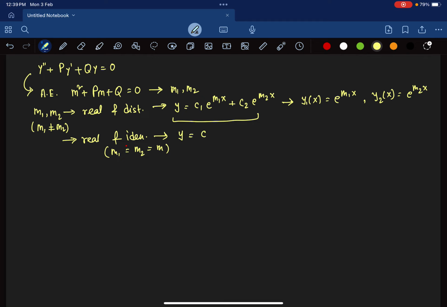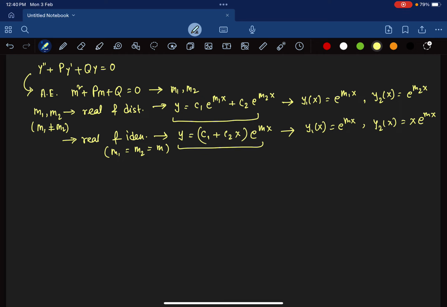So the general solution is given by y is equal to (c1 plus c2x) e power mx. Now from here, y1(x) is e power mx and y2(x) is x e power mx. Alright, so this is the general solution.